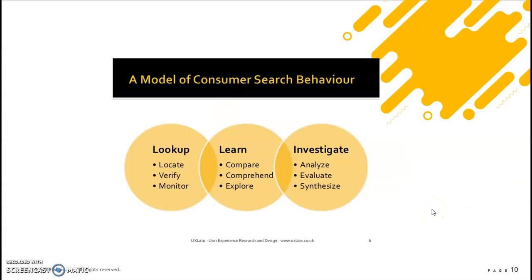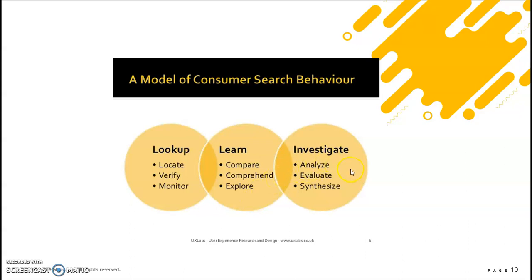And a model of consumer search behavior. Okay, the first one is look out, which is locate, verify, and monitor. The consumer has to look out first for the product or goods that they are searching for. Then they have to learn, which is to compare, comprehend, and explore more about the product or services that they want to find.